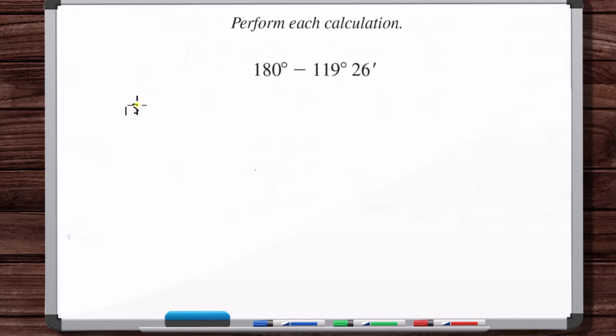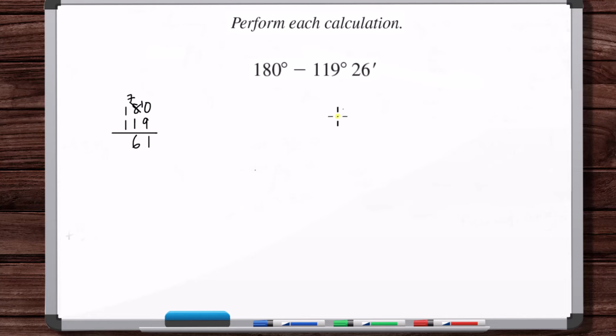So if we do 180 minus 119, you get 61 degrees. But, well, actually, are we going to get to 61 degrees? So we would get to 61 degrees, and then we go 26 minutes further subtracting.